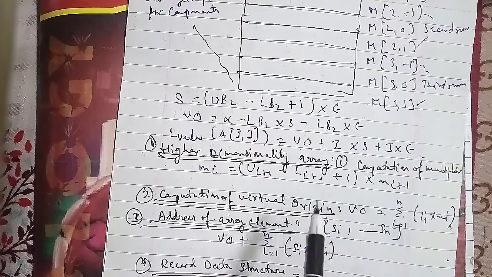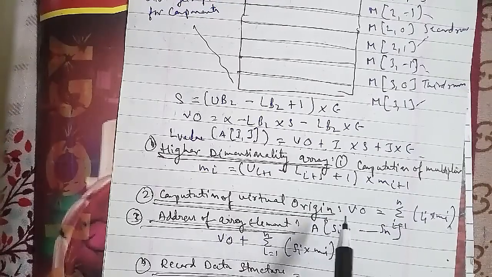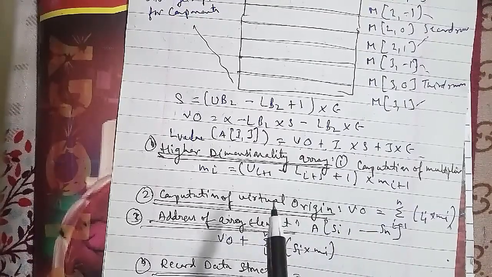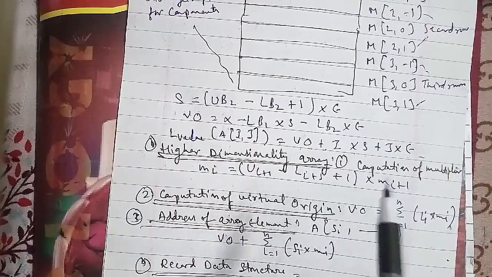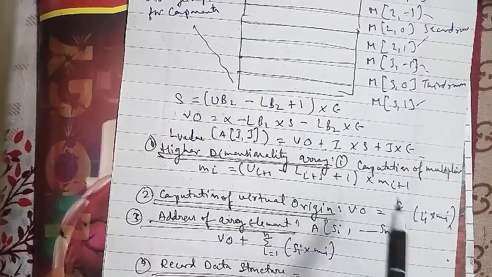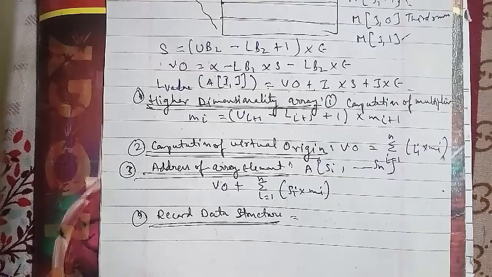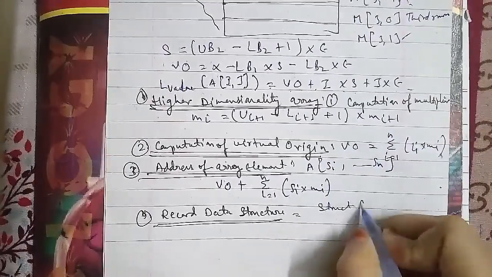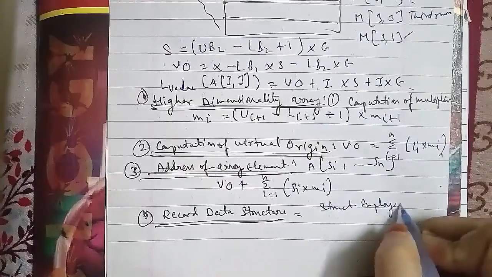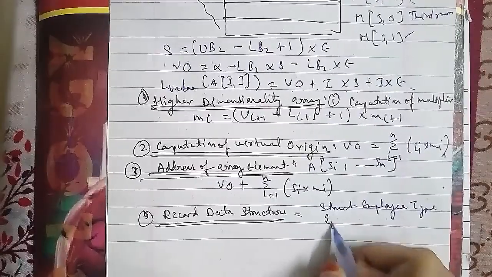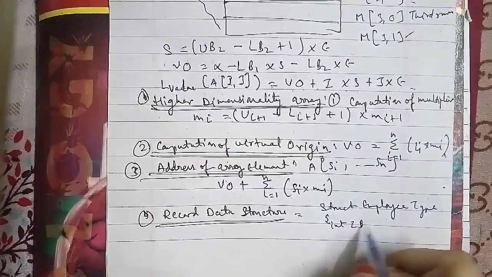In this case, we have struct employ type, then int id, then int age, float salary, char dept, that is the department, then employ.